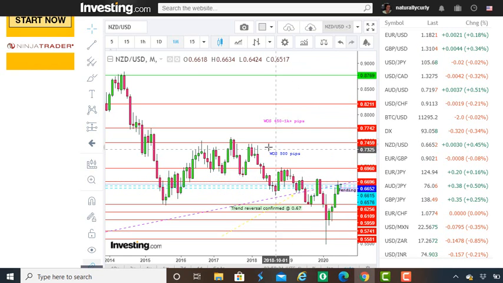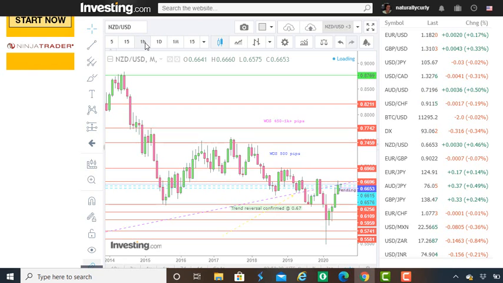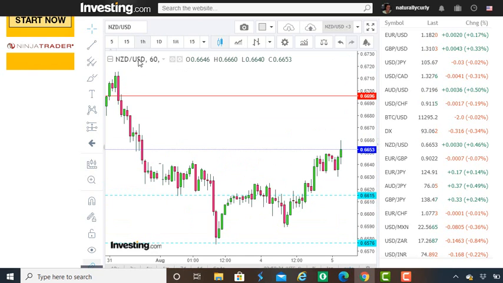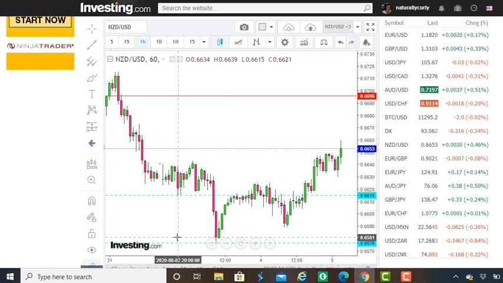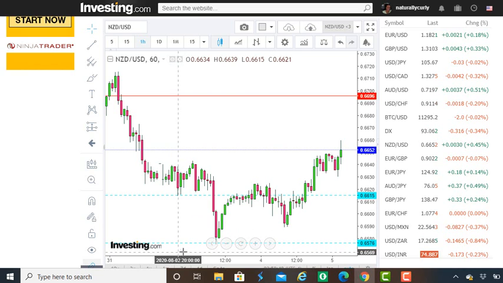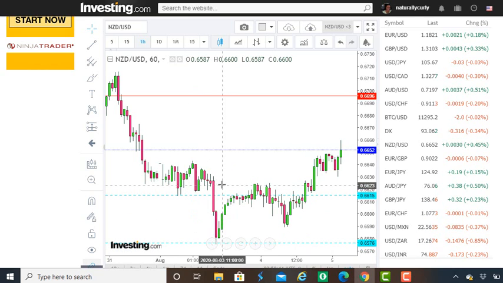So the reason why I put my stop where I did was just because of the simple fact that on the 1 hour, which is where you can see this area of consolidation, we want to put our stop 10 to 15 pips below this area of consolidation.